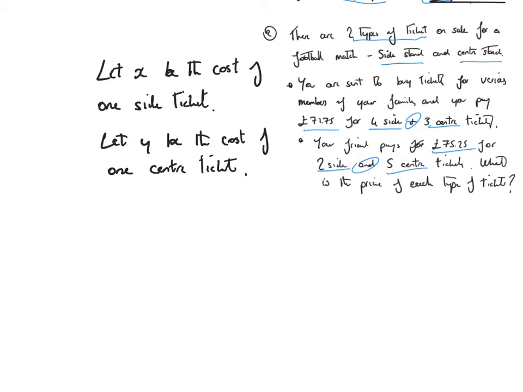Okay, so let's go for equation 1. 4 sides and 3 centres cost £71.75. X is the cost of a side. 4x plus 3y equals £71.75. That's fairly straightforward.